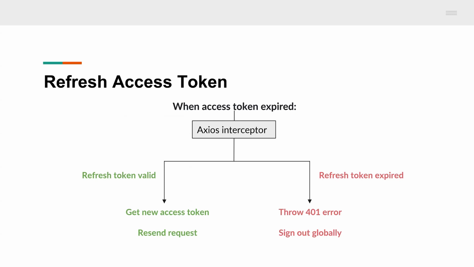If this token fails validation, the axios interceptor will call the refresh token endpoint to validate the refresh token. If the refresh token is still valid, the interceptor reissues the original request with a new access token. However, if the refresh token has expired, the interceptor will reject the original request, return a 401 error, and automatically sign the user out of the website.